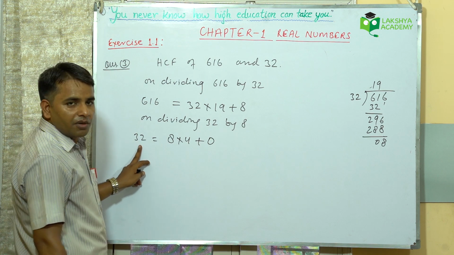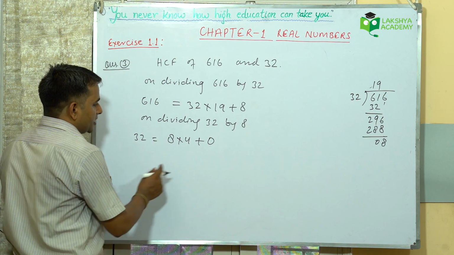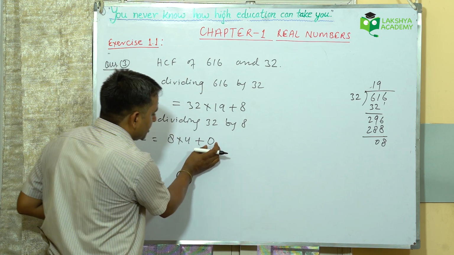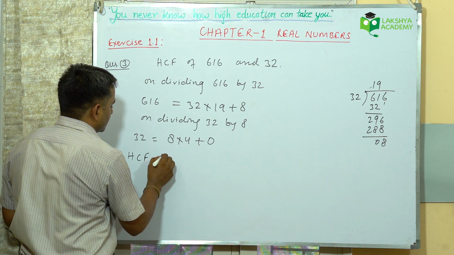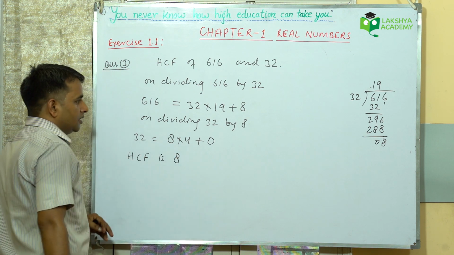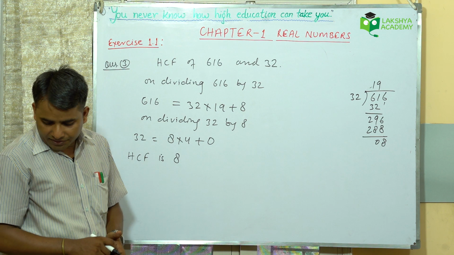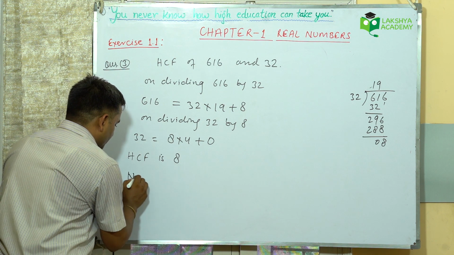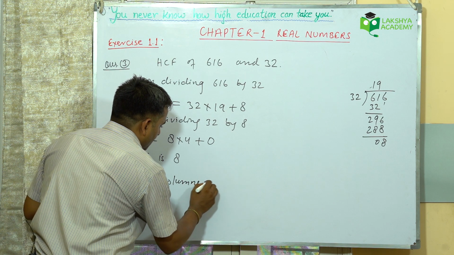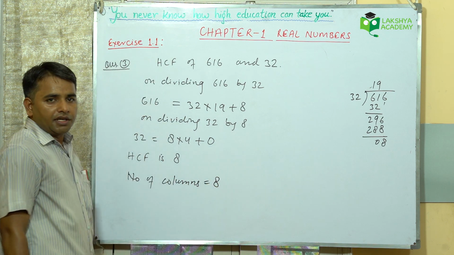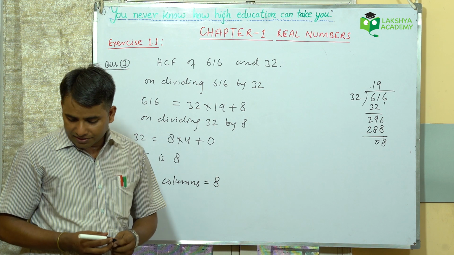Here because 32 is completely divided by 8, we are getting remainder as 0. Since we are getting remainder as 0, the HCF would be 8. So the number of columns would be 8. So in 8 columns they can march.